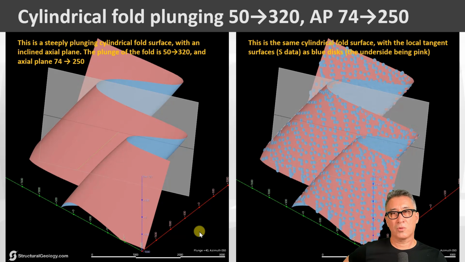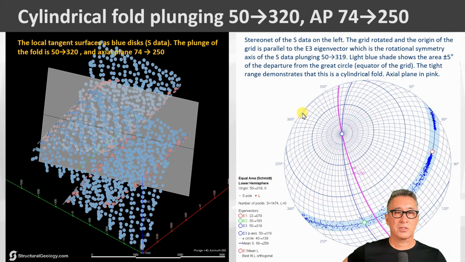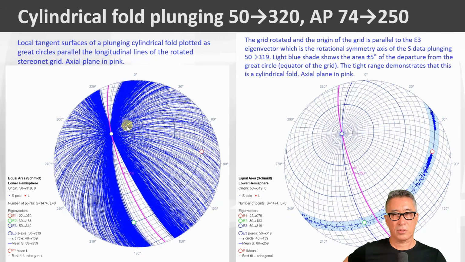Okay, so you can have more complicated looking folds. You can plot them up. This is a cylindrical system again, so the poles would lie very close to the great circle, and they would all intersect at this position if you plot the great circles here.